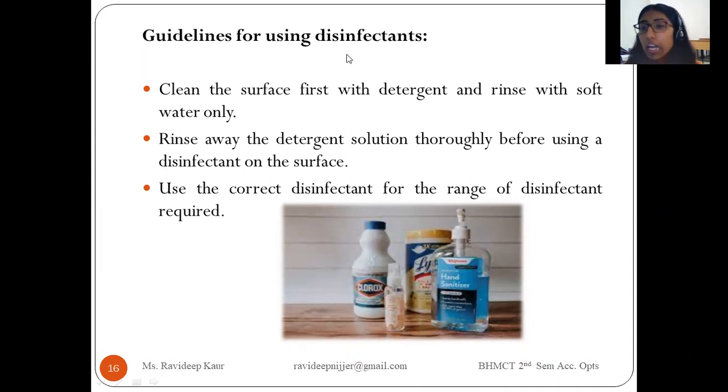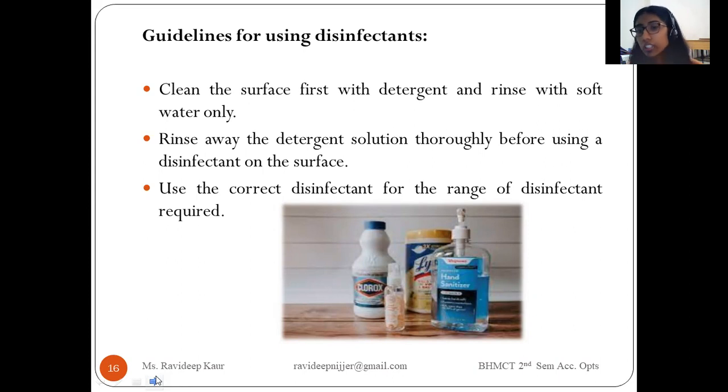Next, we have the guidelines for the disinfectants. Clean the surface first with detergent and rinse with soft water only. I have told you that we have various kinds of detergents: first soap detergents, and second synthetic detergents.